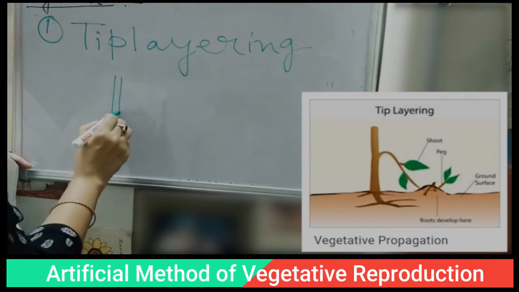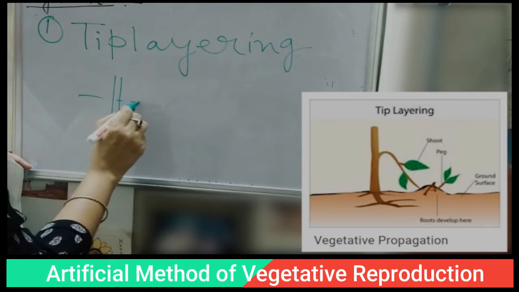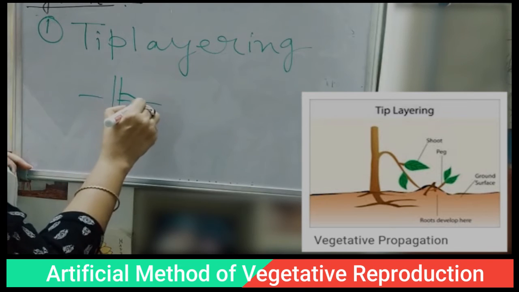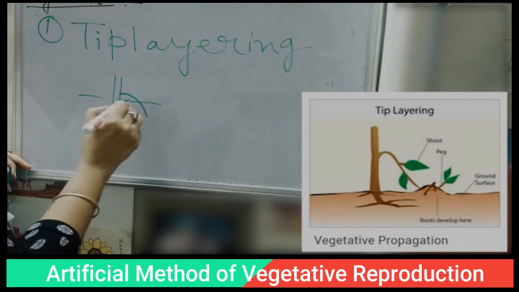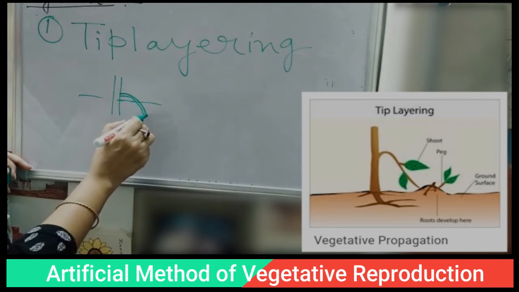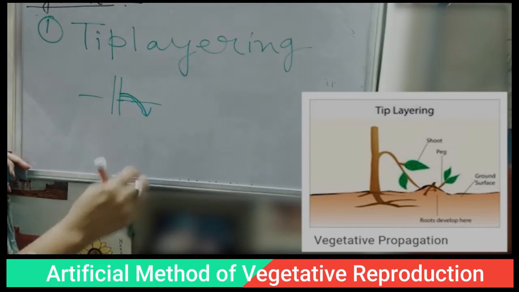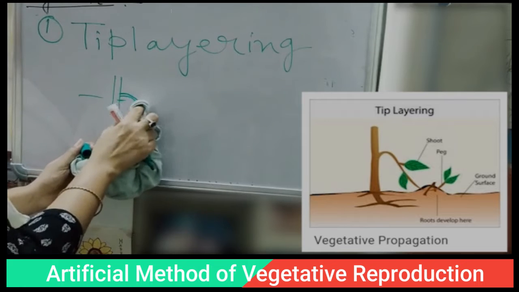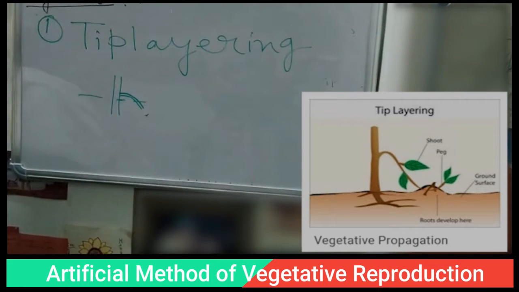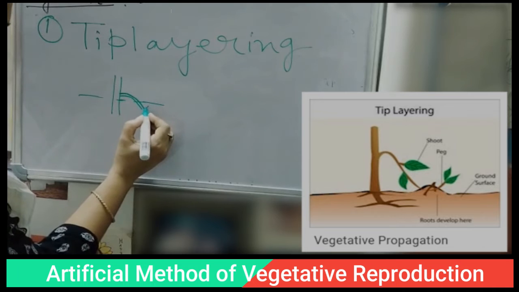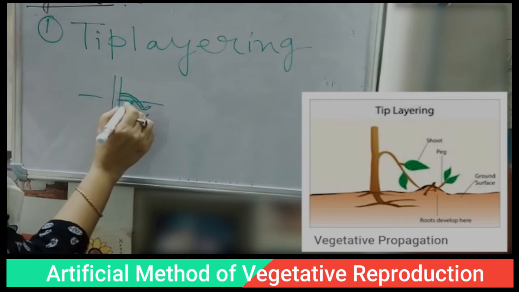Here we choose a branch which we can bend slantingly under the soil, but its tip portion should be upright.